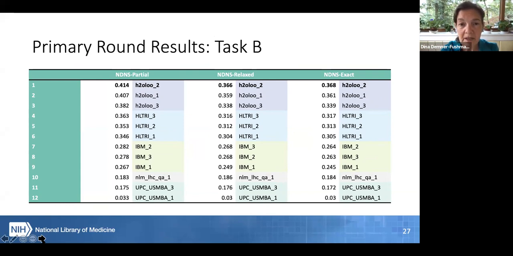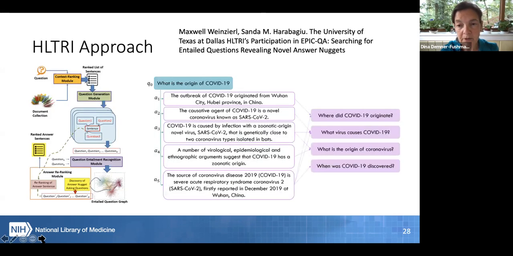And then we see that for the consumer level questions, the ranks swapped a little. Now University of Waterloo has the best results, and University of Texas results are now in the second place. So if we look at what was done by these two teams, it might explain the difference.